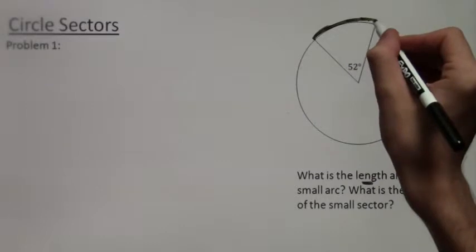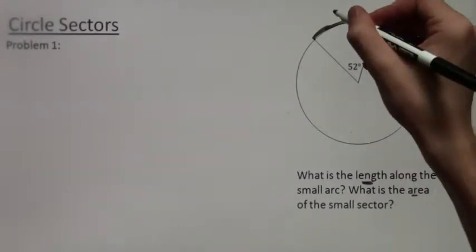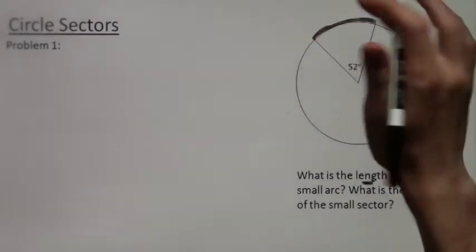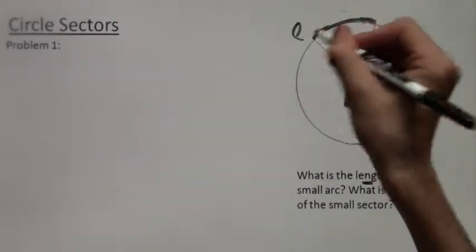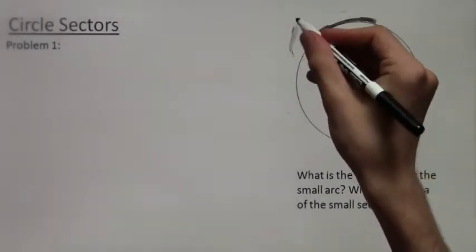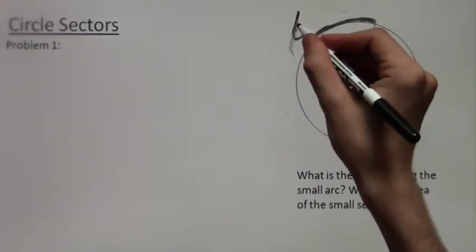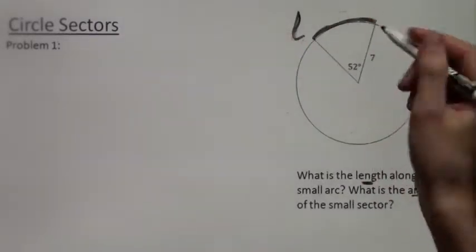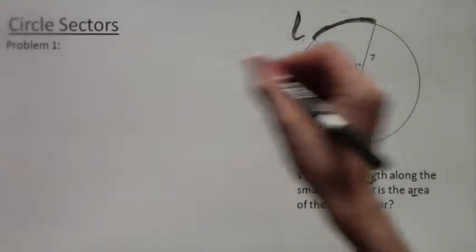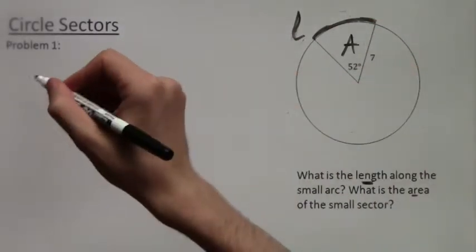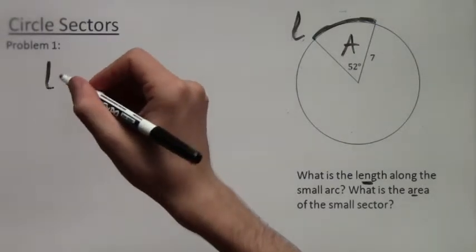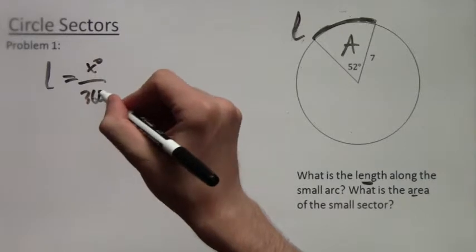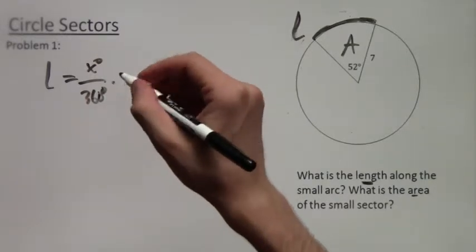So here is the minor arc, the small arc, and we're going to label it with L. And to calculate L, and of course we're going to label area with A, L equals x degrees over 360 degrees times 2 pi r.